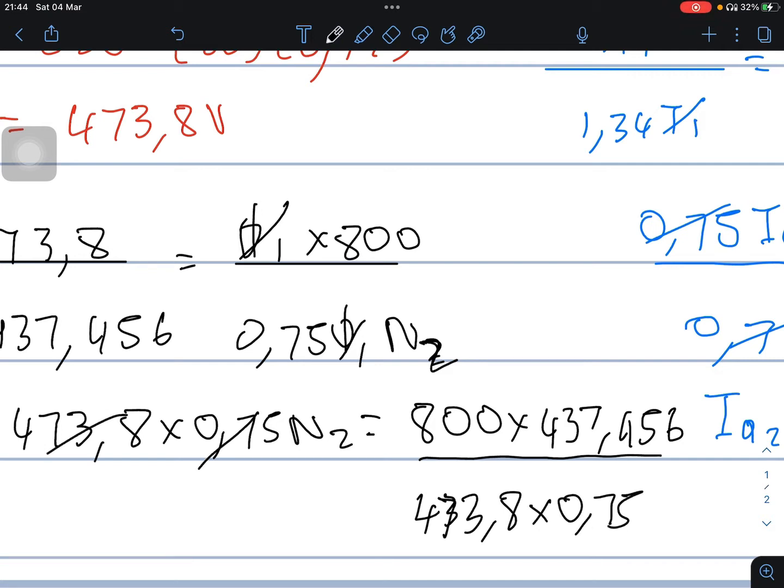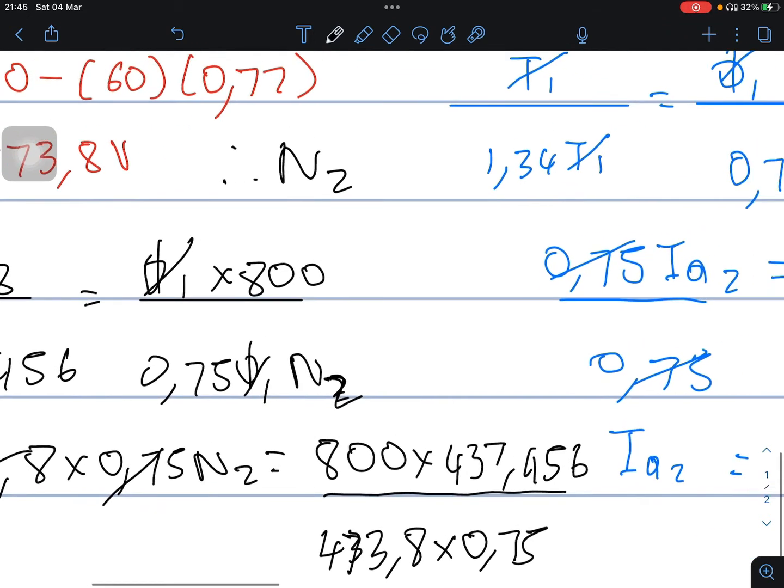Then we get N2. So N2 is therefore equal to, let's punch that on our calculator, 800 times 437.456 over 473.8 times 0.75. That is going to be equal to 984.845 revs per minute. Okay, then we're done with the first question.